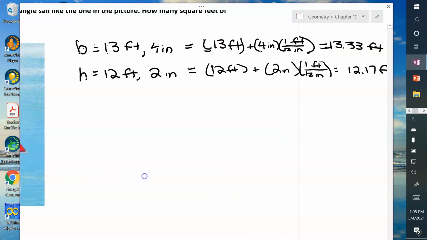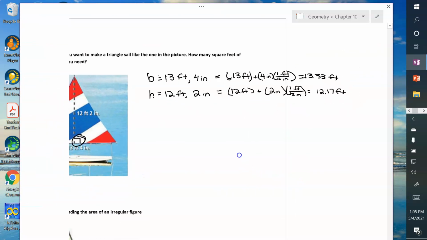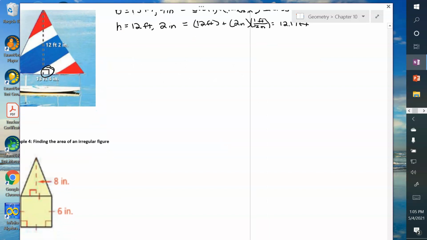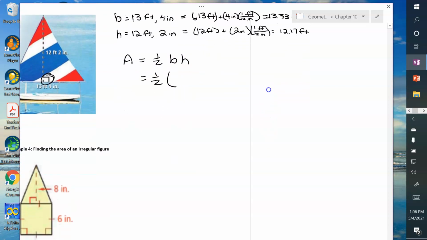So now that my units are the same, I can go ahead and calculate my area. Area for a triangle is 1/2 base times height. So I'm going to do 1/2, my base was 13.33, and the height is 12.17.